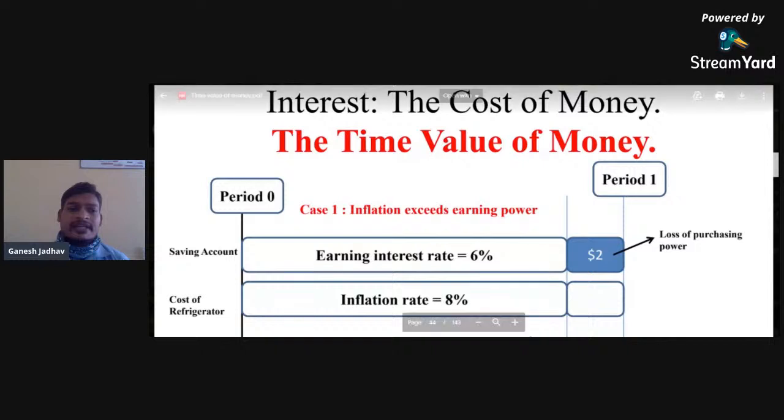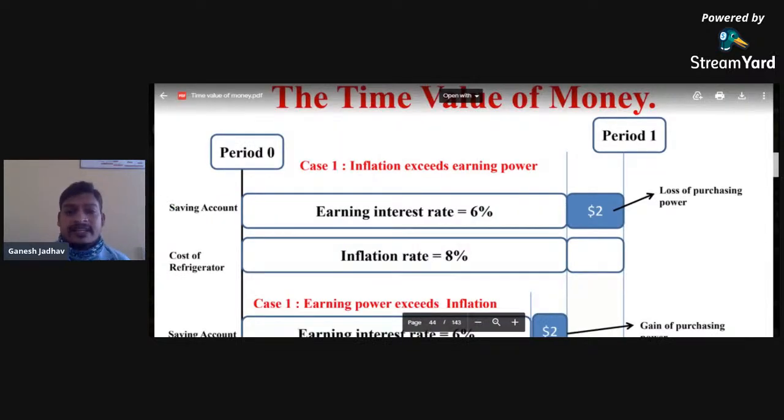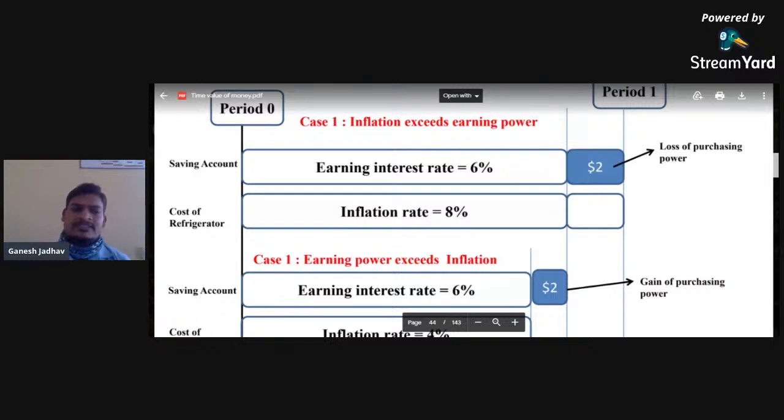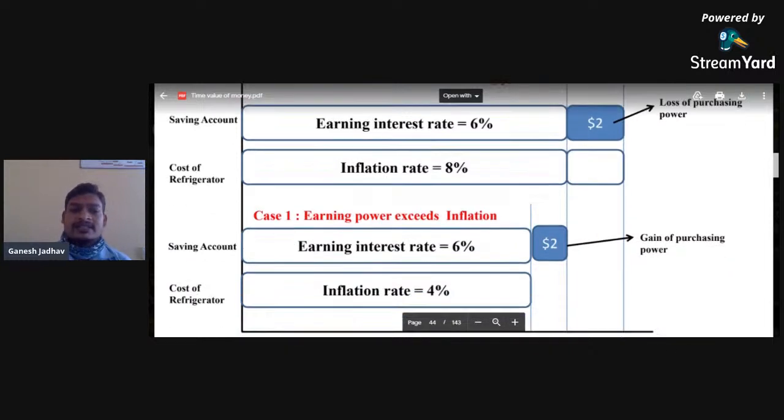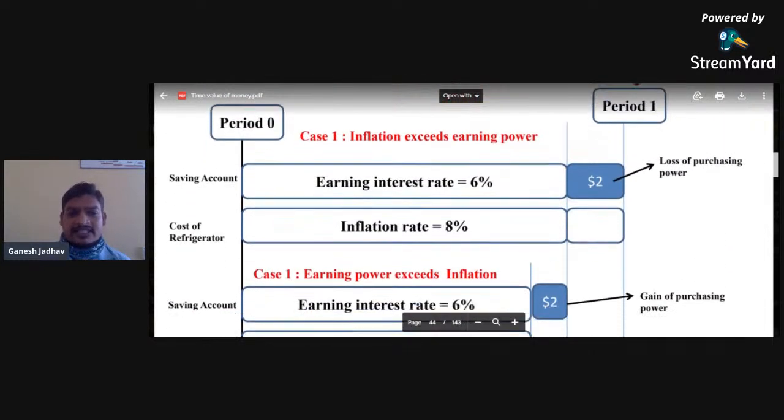This is the period 0 and period 1. In a savings account, the earning interest rate is 6%, and the purchasing power is $2. The cost of the refrigerator and the inflation rate are numbers like 6%, 8%. So in the case where earning power exceeds inflation, this is the savings account. These are the cases.